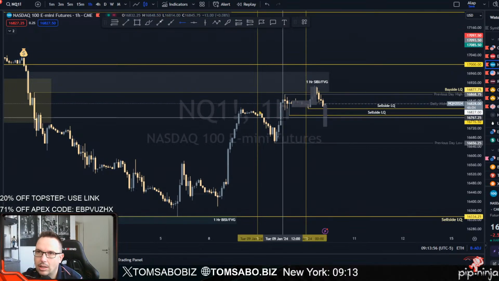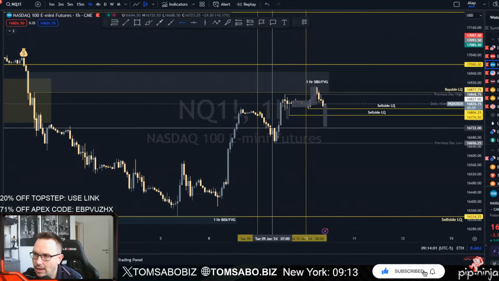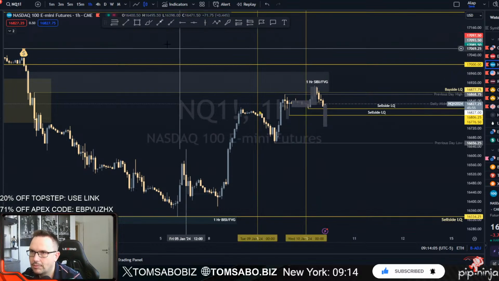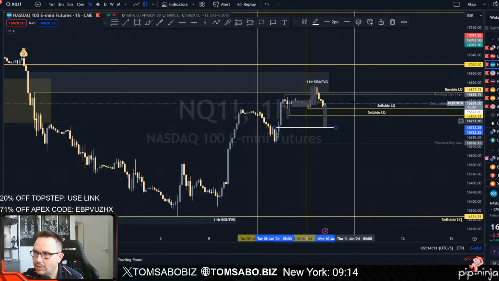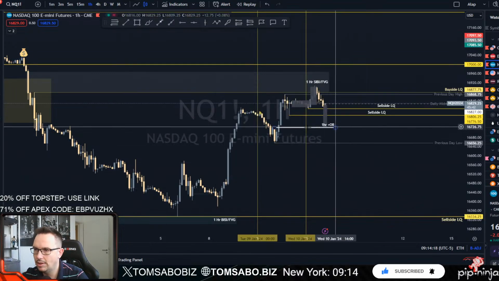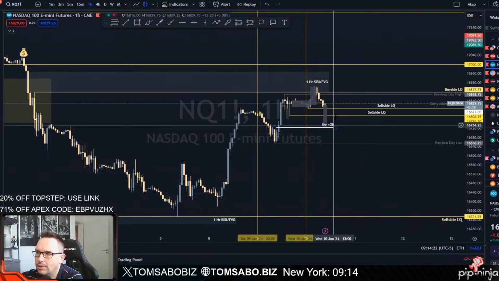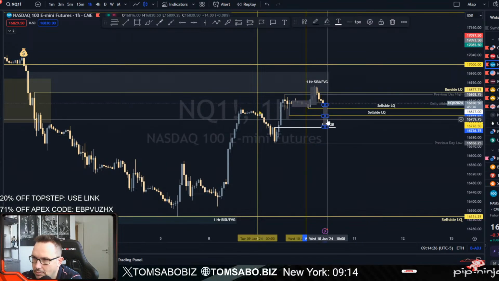This long candle, this 1 hour candle here, brings us to a bullish order block right down there. 1 hour bullish order block right there. That can be a potential final target for price if this is the distribution phase.